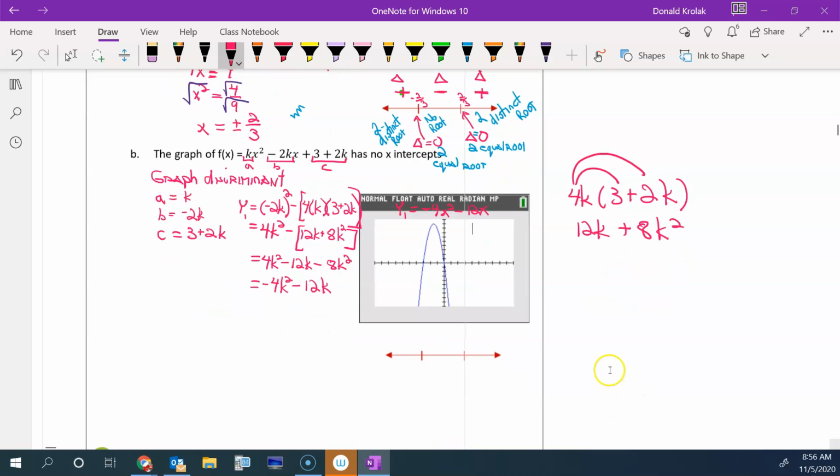Now from this graph, we can tell what the x-intercepts are. One x-intercept is 0, and the other one is negative 3. So on my sign chart, I put 0 and negative 3.